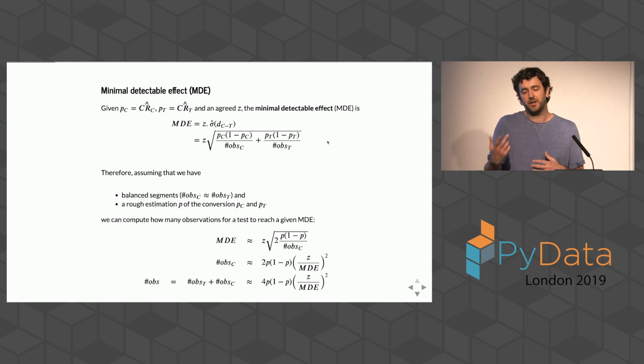So in practice, there are two ways of doing this. The first way is to say, okay, I have, let's say, 1 month to run this test. This is the time that I have. I don't have more time. And the traffic on my website is this number of users per day. So I have this sample size.